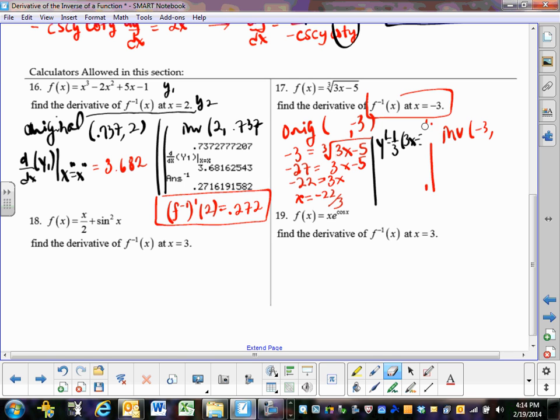So I'm going to quit. And we can test that our stored value of x is correct. And then do the derivative with respect to x of the original function at the stored value of x. And then we reciprocal that, flip it over.